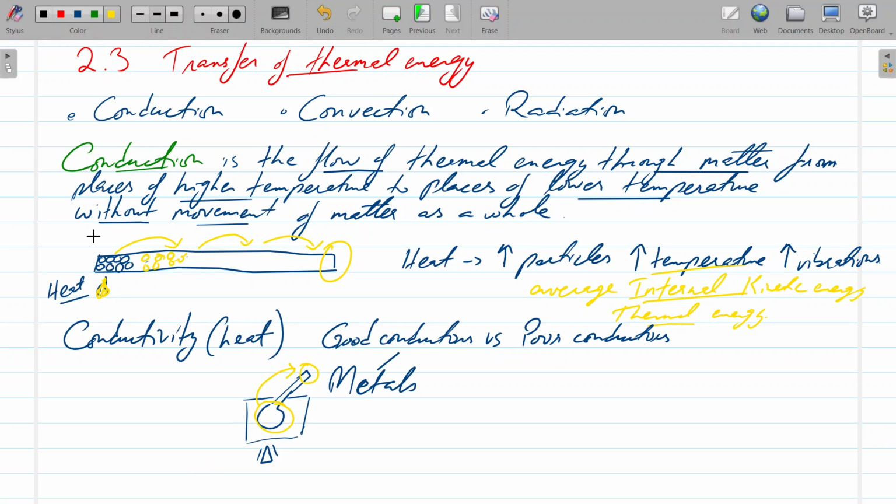Have you ever experienced this? Yeah. And so that's basically conduction in action.